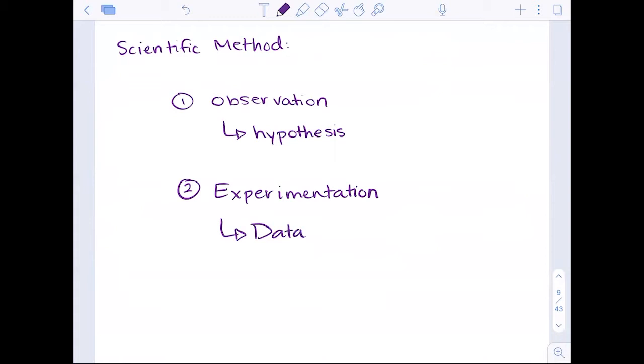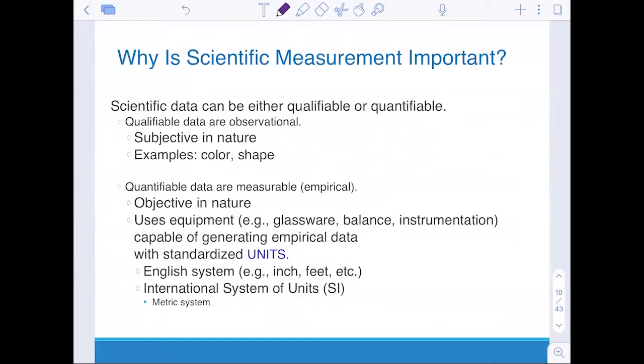We get data to back our observations, and we get to see what does that actually look like. Now, there are a couple of different types of data. We're not going to spend too much time on the scientific method. We want to get to the specific experiments that we see in our history.